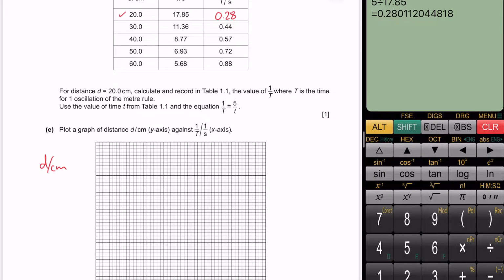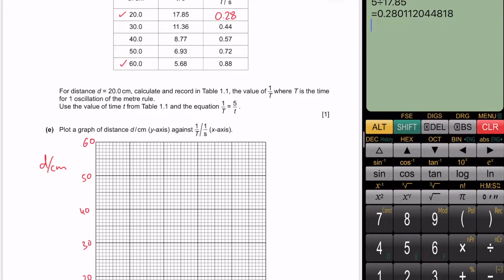They start with 20 and they end at 60. So 20, 40, 60 will be too short. 10, 20, 30, 40, 50. So what I can do is start from 10 maybe, 20, 30, 40, 50, 60. So I'll be able to cover more than half of the graph, so this is fine.